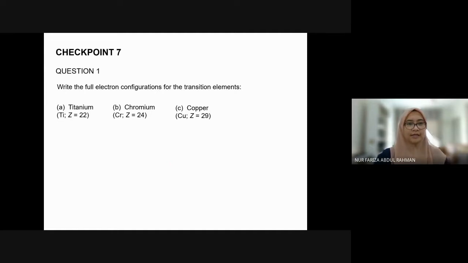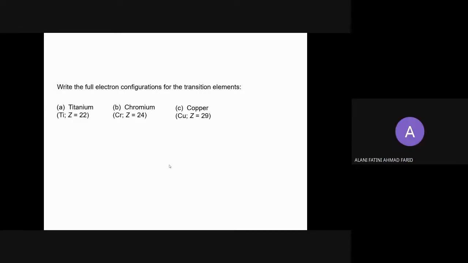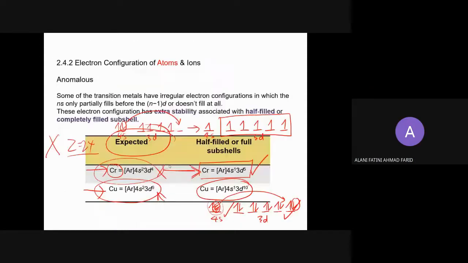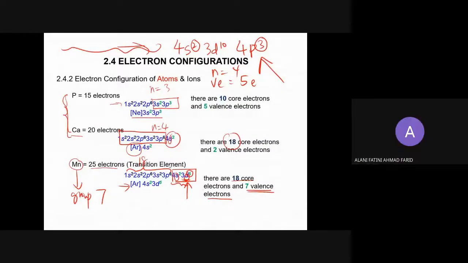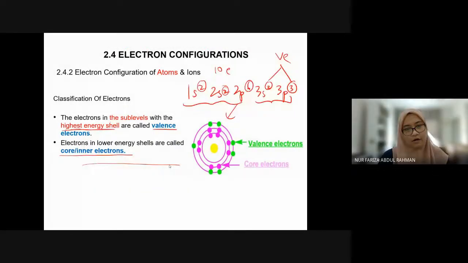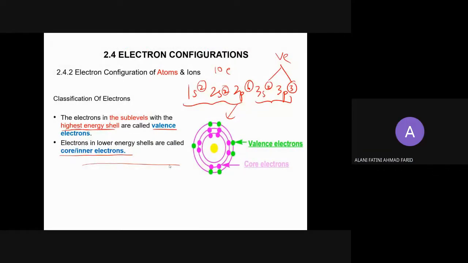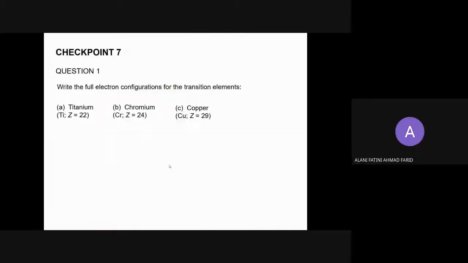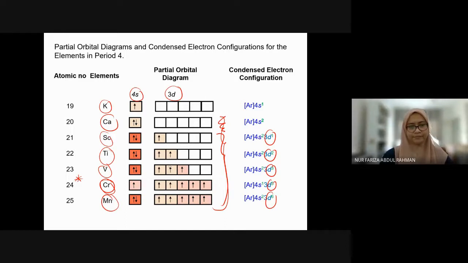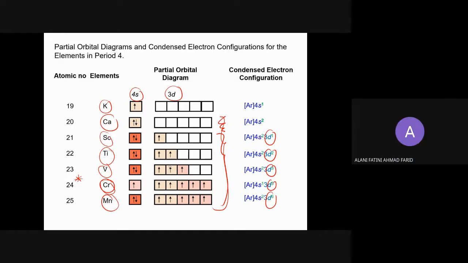Right, okay, write the full electron configuration for the transition elements. Madam, for the previous slide, the manganese, is the condensed one 4s2 3d6 or 4s2 3d5?